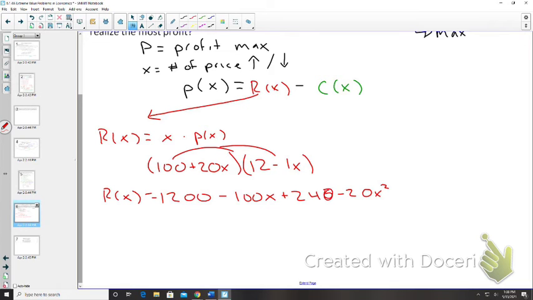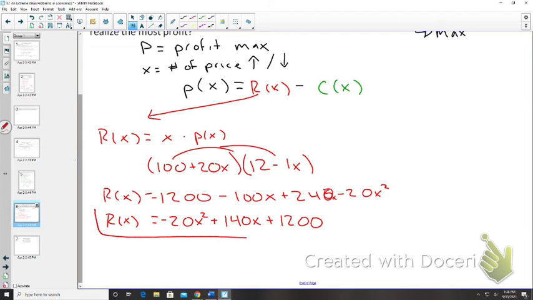We have like terms, the x terms, so let's clean those up. I'm just going to rearrange this. We have negative 20x squared plus 140x plus 1200. Okay, so let's leave that for now.